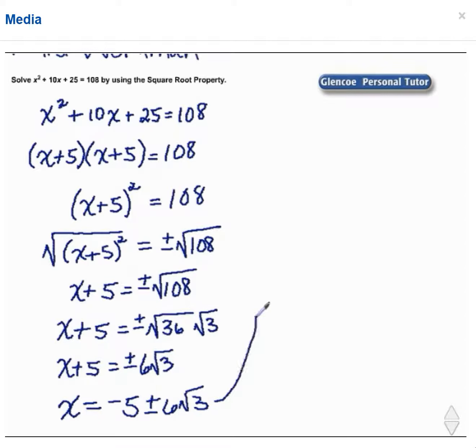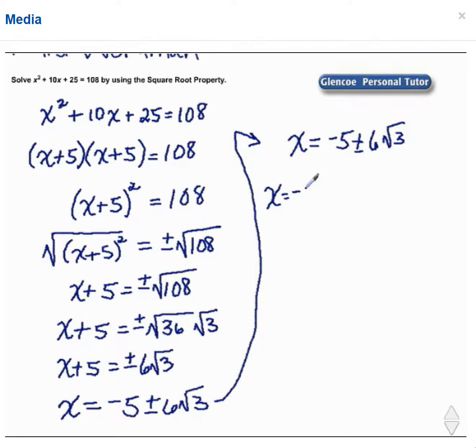Now let's come up here and look at that. This actually is two roots. It tells me that x is equal to negative 5 plus 6 times the square root of 3.